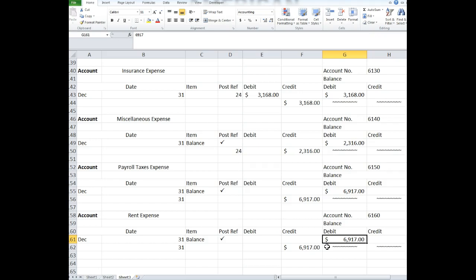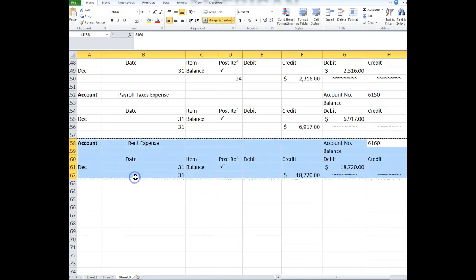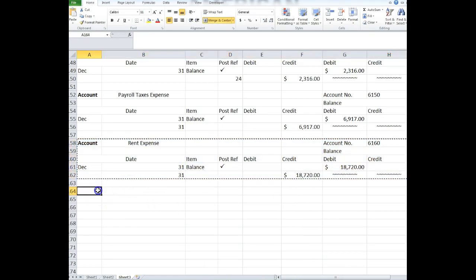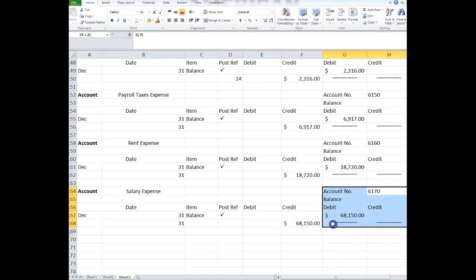Rent expense. Okay, next, salary expense. Okay, 68,150, correct? Let's cancel out.